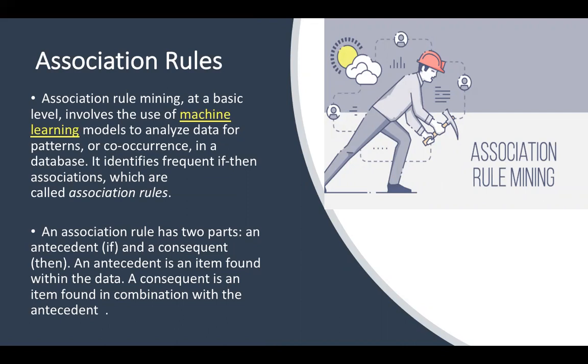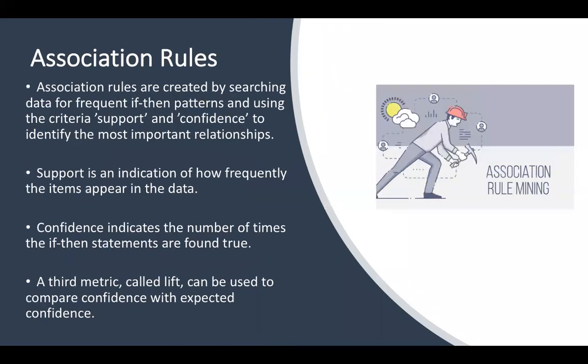So the association rules give this relationship and the co-occurrence or the patterns of the data, which will be the patterns of the keywords, which are the search terms in our study. So it creates three outcomes, which we call support, confidence, and lift.